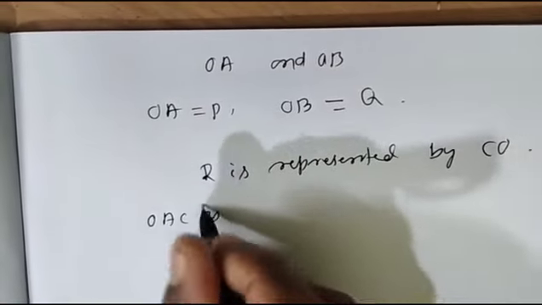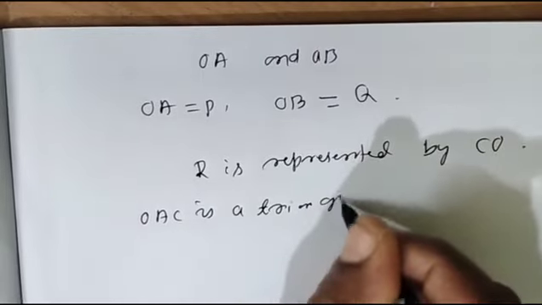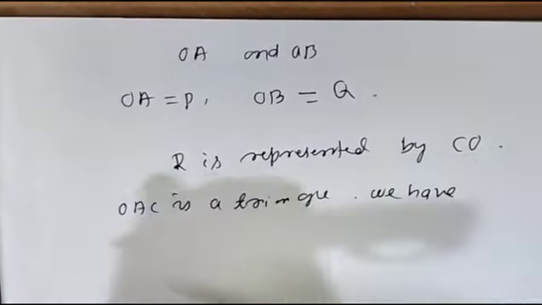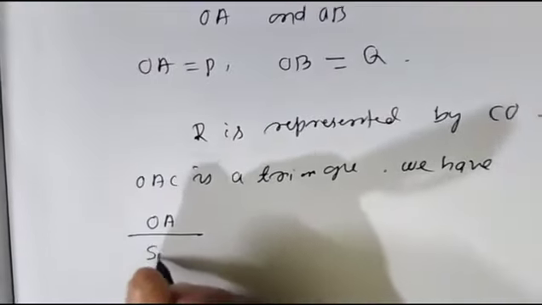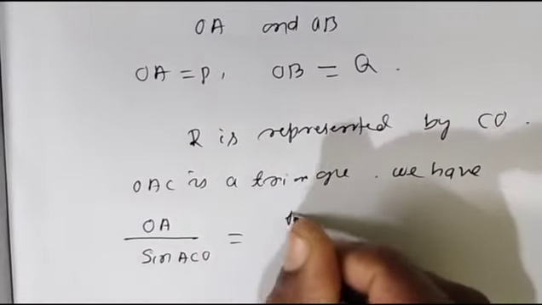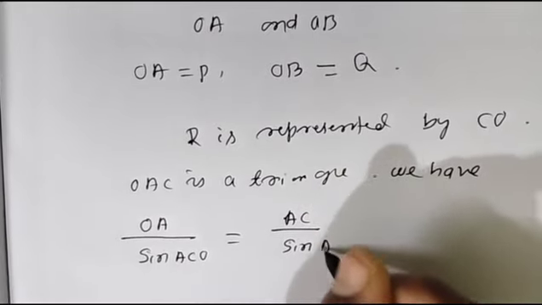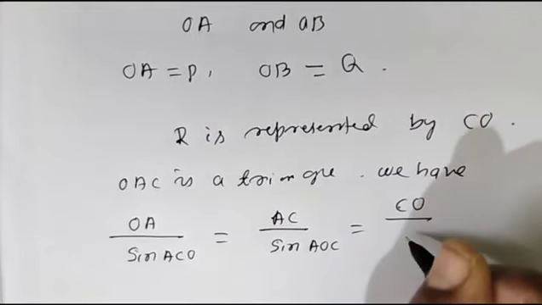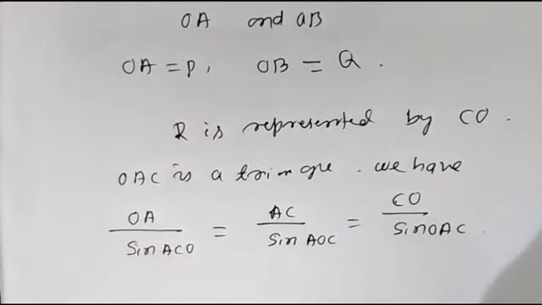OAC is a triangle. We have OA by sine ACO is equal to AC by sine AOC is equal to CO by sine OAC.